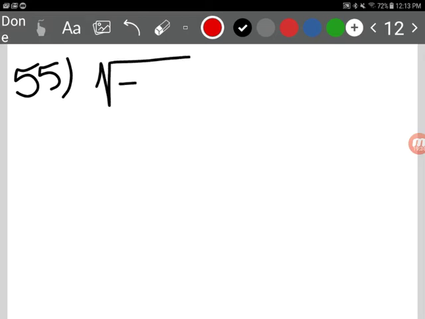One thing I do want to stress, let's look at 55. It says evaluate the radical expression and express the result in the form of a plus bi. So I have the square root of negative 3 times the square root of negative 12.